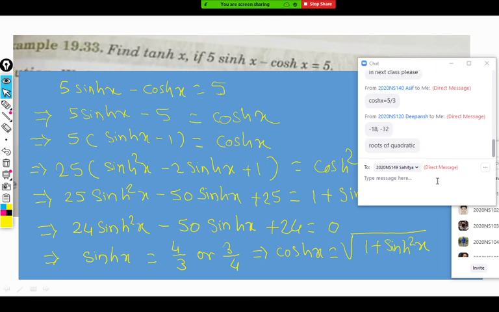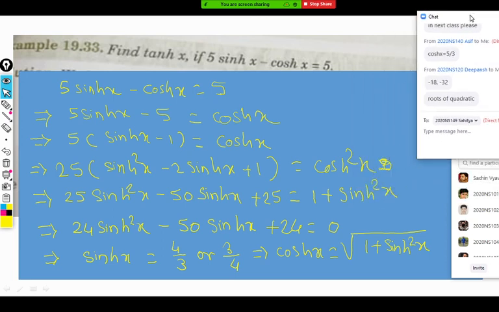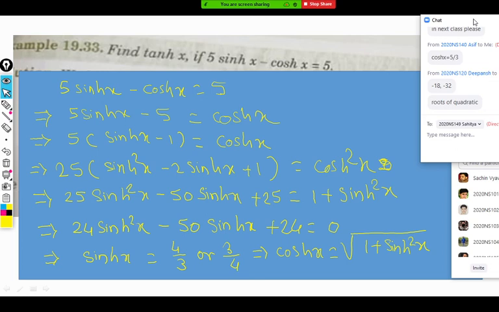No, minus 18, minus 32 means sinh x minus 18 is equal to 0. Is that not correct, Dipansh? How you calculated? Roots are not correct. The roots are written here, 4 by 3 and 3 by 4.